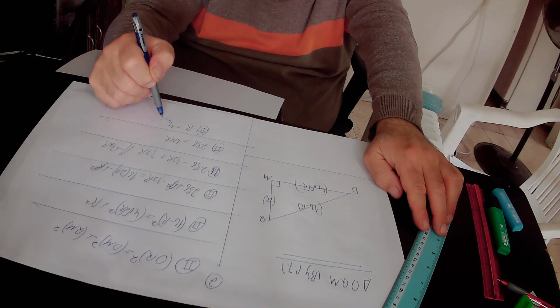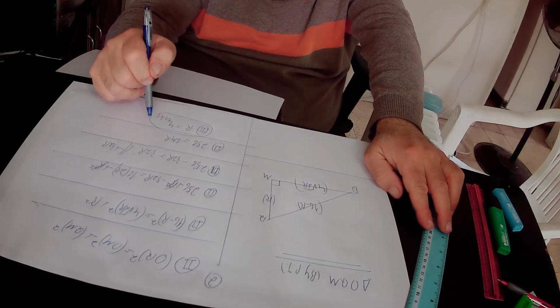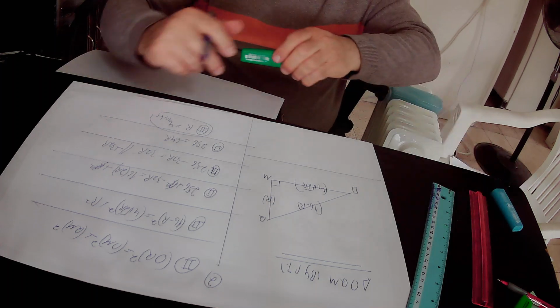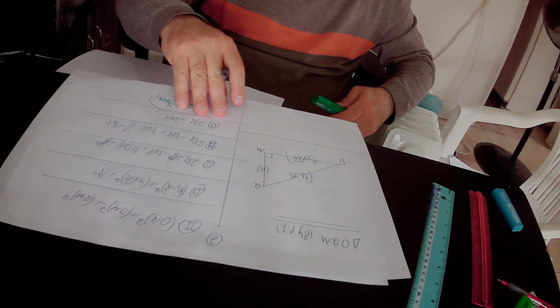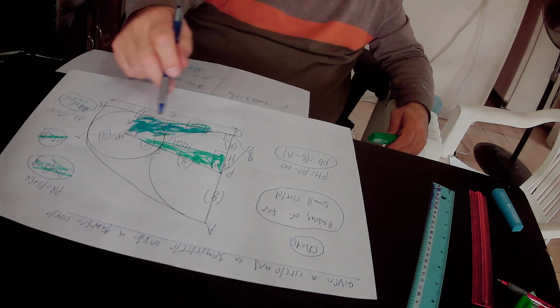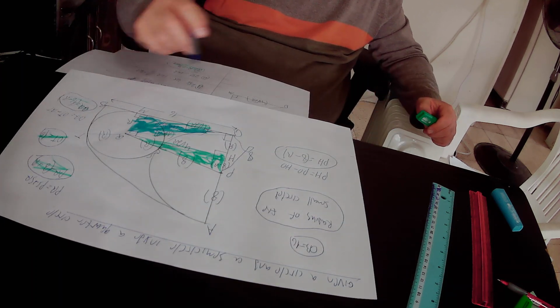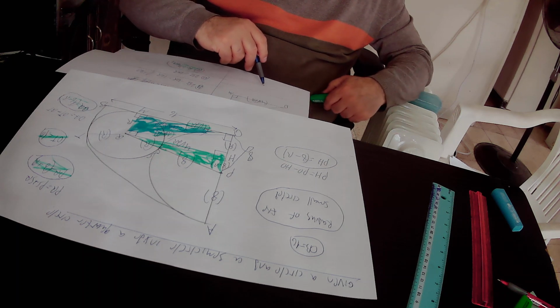So we found that the radius of this small circle, r, equals 4 units in length.